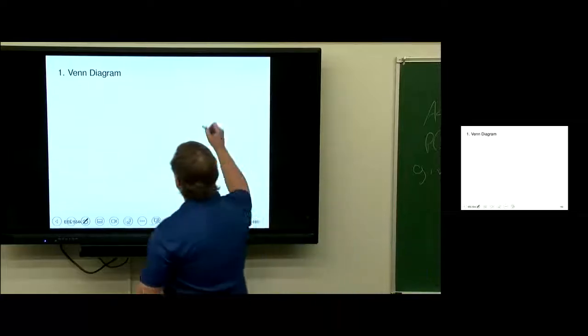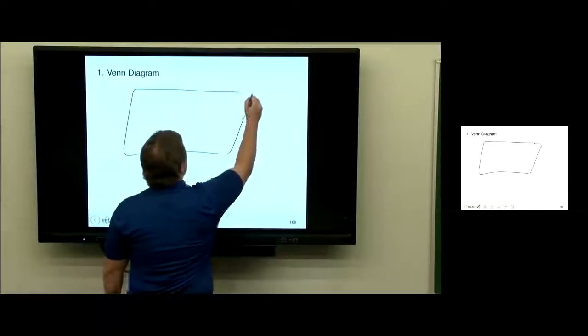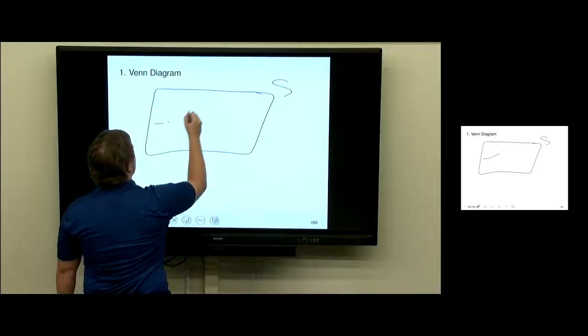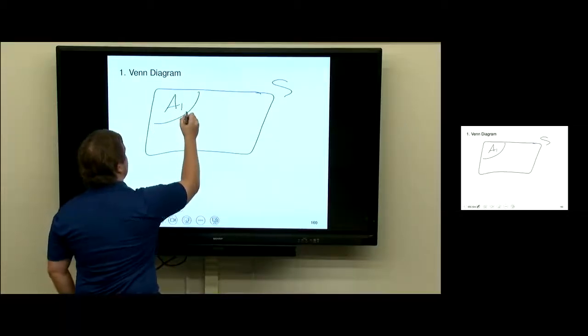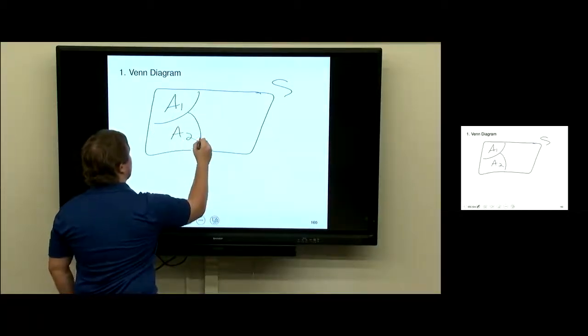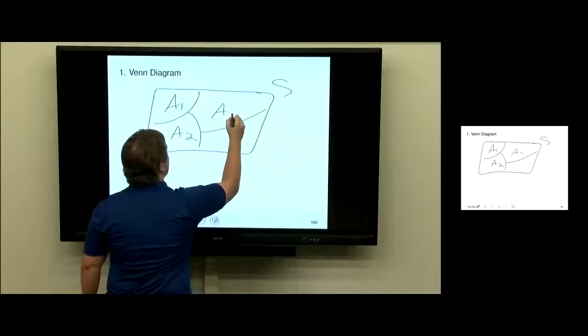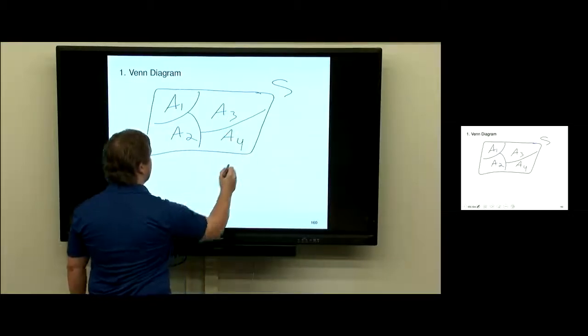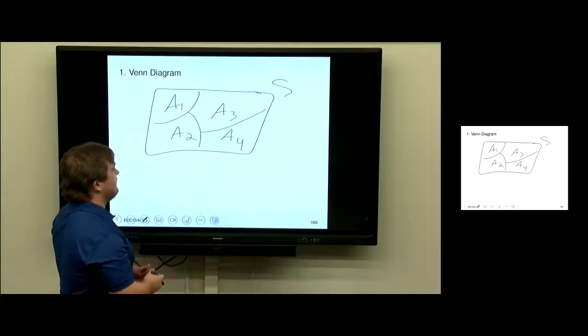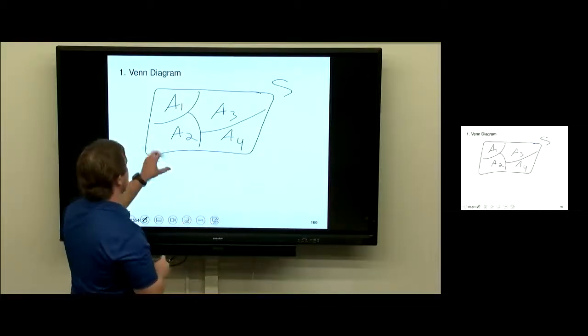So if I draw a Venn diagram, S, and I draw a partition, here with a finite number of sets. In general it could be countably infinite, but here we're just looking at finite.